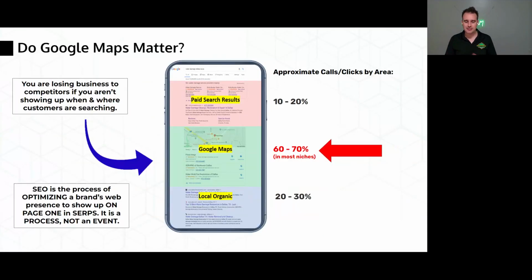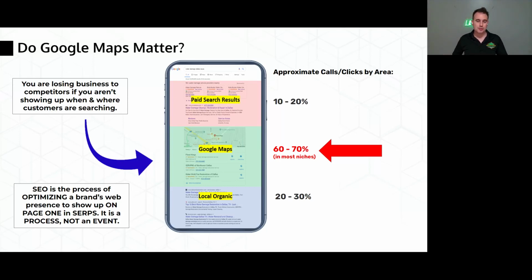Now, if you're not sure what the Google Maps results look like, typically on a Google search, you're going to see something like this come up. The top section there, you've got your paid search results, so Google Local Services ads and then Google Ads. There's two components to the paid searches. Next up is this 3-pack, which is the Google Maps listings. Now, 3 of them only ever show up.